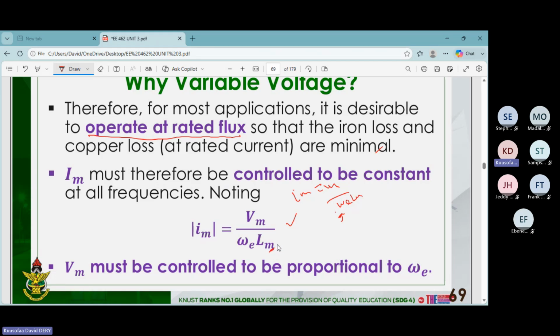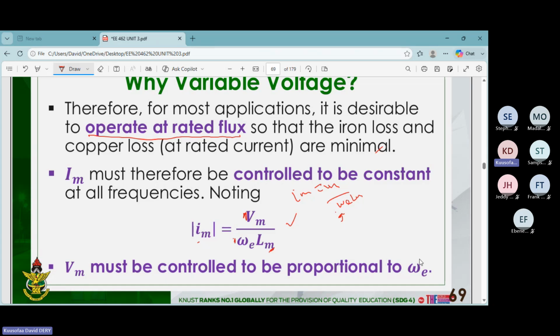So for Im to be the same, the change in Vm should also be proportional to the change in the speed, the omega E, so that Im will always be constant. So Vm must be controlled to be proportional to omega E.